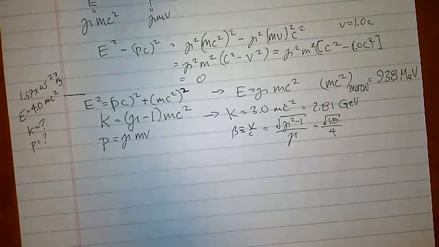What did I mess up? 1.67 times 10 to the negative 27 times 3 times 10 to the 8th, multiplied by the root 15 and then by 4. Oh, I see what I did. Yeah, I got 1.94 times 10 to the negative 18th.